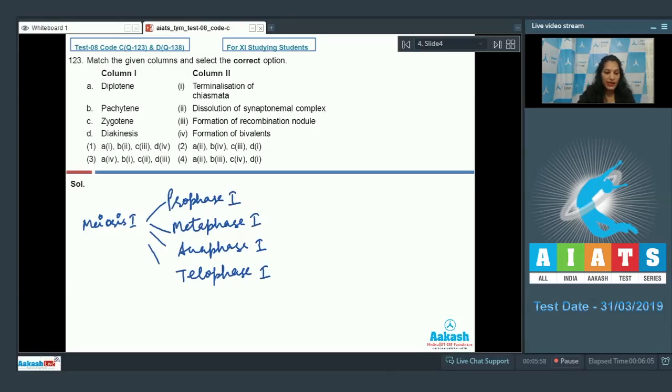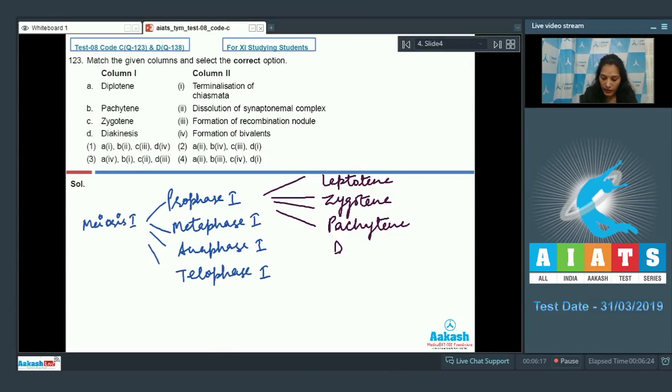This prophase 1 is subdivided into many phases which are called leptotene, zygotene, pachytene, diplotene, and diakinesis. So what happens in these stages?